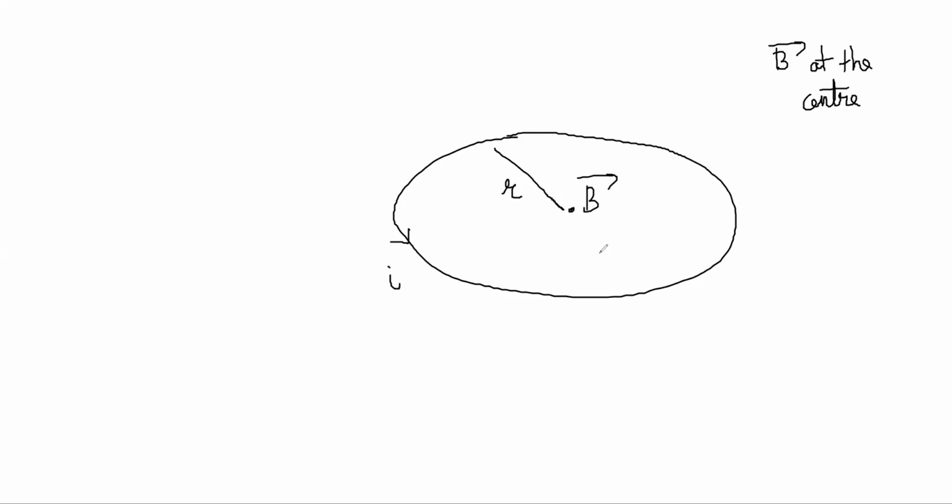Mu naught by 4 pi r into I dl sine theta. What you want to do, Biot-Savart law? It is mu naught I by 4 pi, dl cross r by r cube.